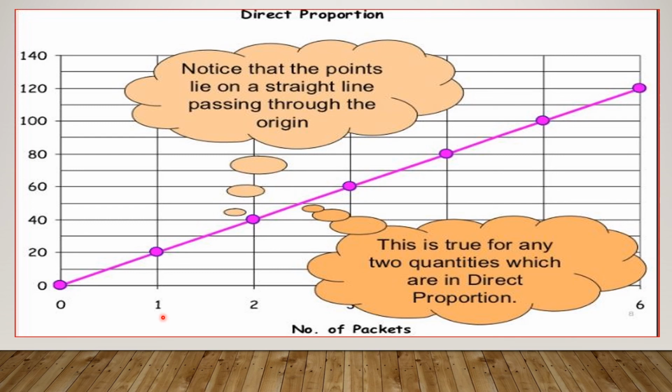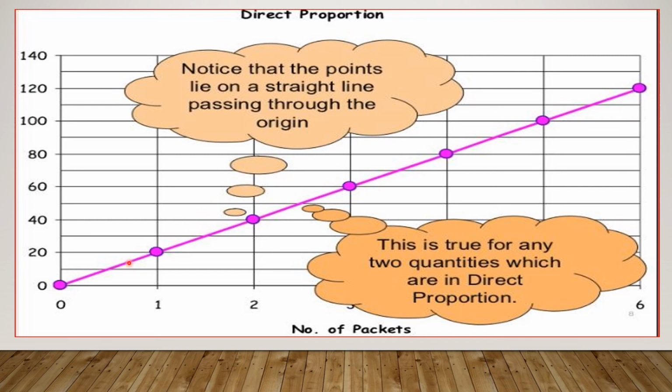For 1, the ordered pair is (1, 20). For 2, (2, 40). For the third, (3, 60), and for the fourth, (4, 80). Similarly, for the fifth, (5, 100), and for the sixth, (6, 120).